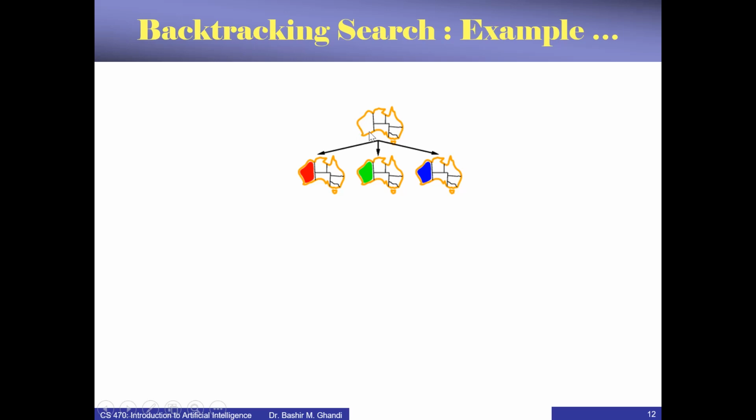So we choose one variable, in this case just randomly, let's say Western Australia. Having decided that we were going to try and color Western Australia, we have three options. Are we going to color it red or green or blue? Because these are the possible values in the domain of each of these variables actually. So suppose we decide to go with red.